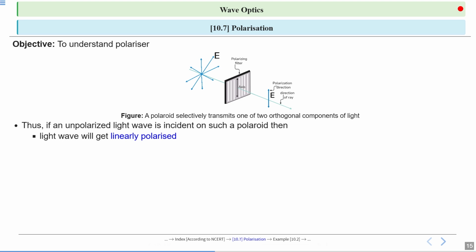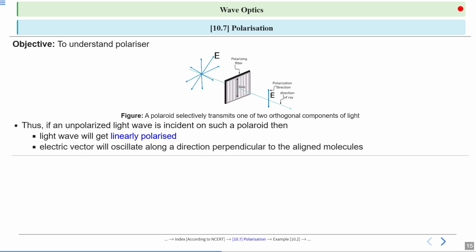Now observe how the electric vector of the light waves behaves. It oscillates along a direction that is perpendicular to the aligned molecules in the Polaroid. This alignment is crucial because it determines the direction of polarized light. Notice how this selective transmission affects the light properties.